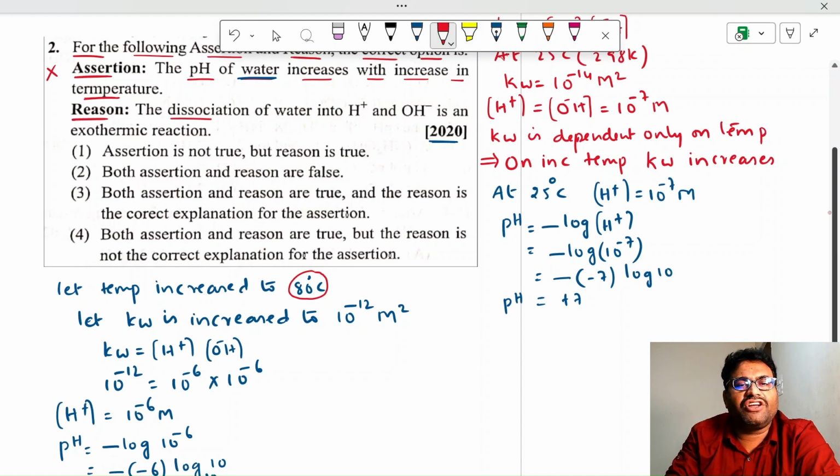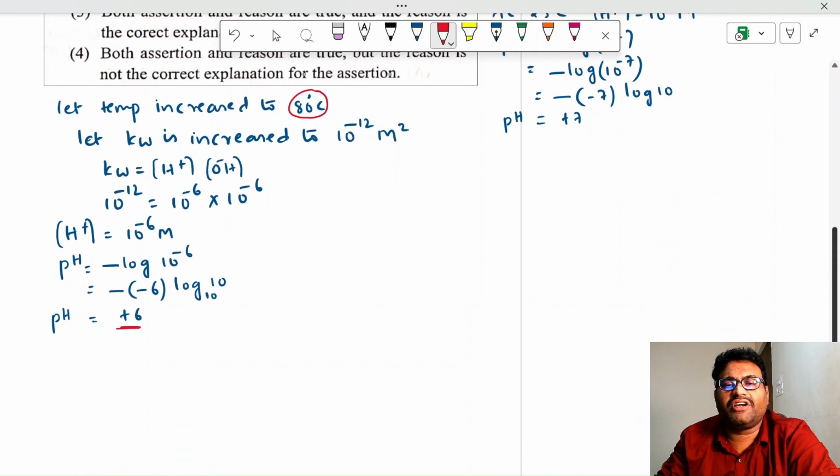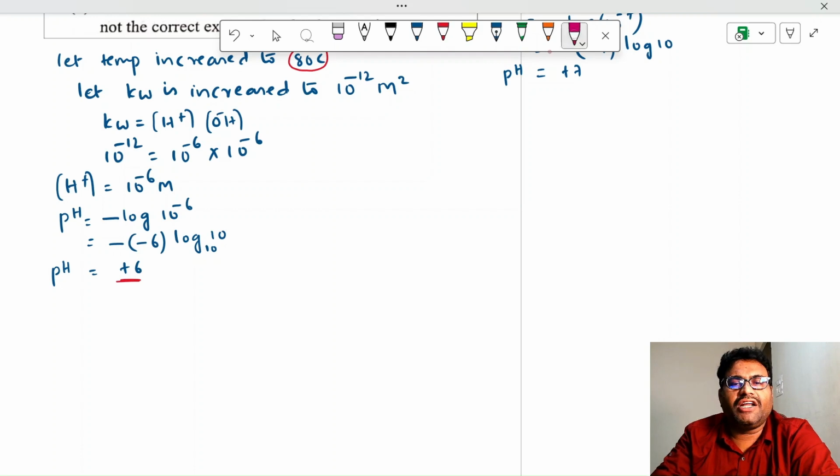The dissociation of water into H plus and OH minus is an exothermic process. We know that H2O dissociates into H plus and OH minus. See here, H2O, oxygen, right?